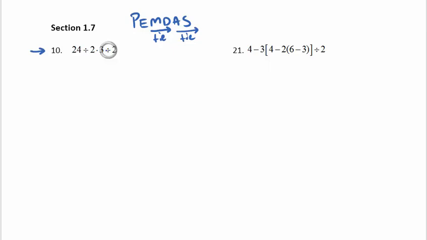So in a tie, work left to right. So here we're doing this division first. So 24 divided by 2 gives me 12. And then 12 times 3 gives me 36. So notice I'm just working left to right. 36 divided by 2 gives me 18 for my final answer there. If we were to multiply first, we'll get a different answer than 18, and it won't be correct. So be careful of that.